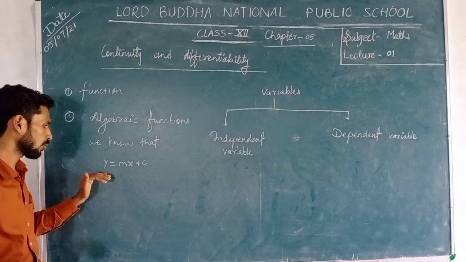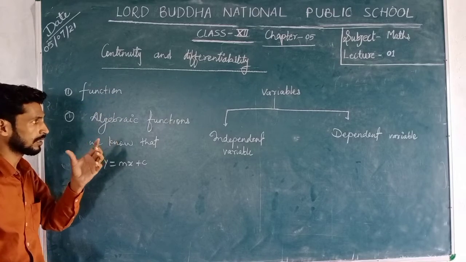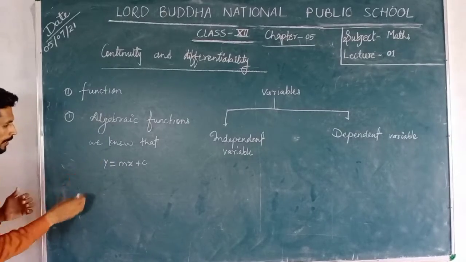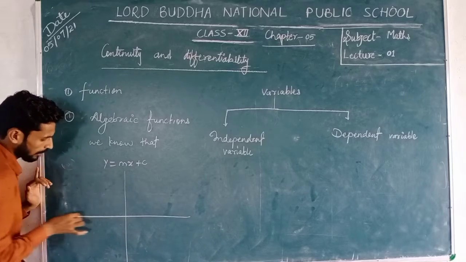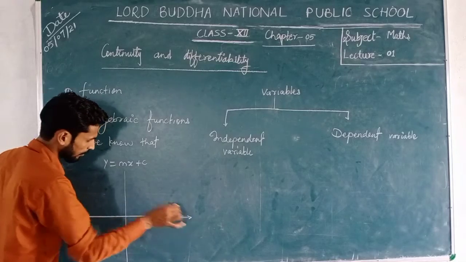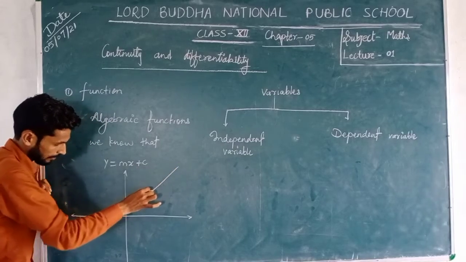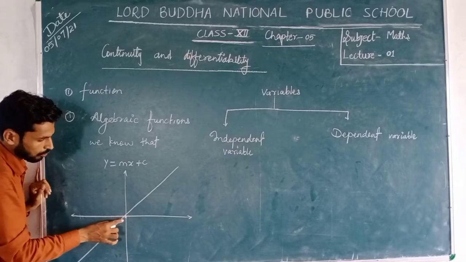Now, if we are going to draw this graph, every function has a unique graph. If we draw this graph, then it will be a straight line, and it is passing through the origin.